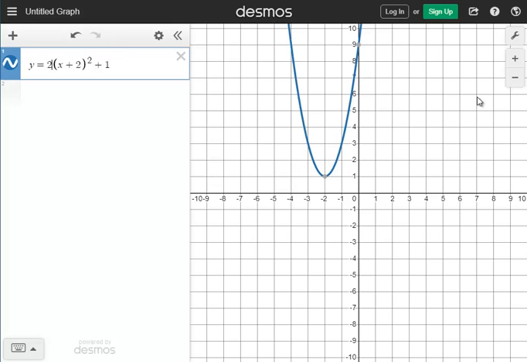But you'll notice what happened is that the arms kind of went up a little bit more. So it almost stretched the arms up a little bit. So if I made this a 3, or a 4, or a 5, or a 6, these arms are getting more and more stretched upwards. And this is going to be true for pretty much any number I did. The bigger the number, the more the arms will look like they're getting stretched.